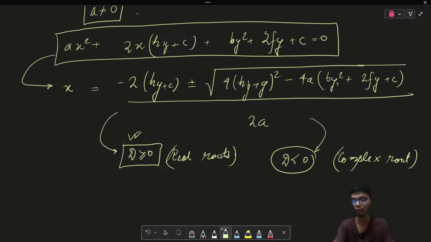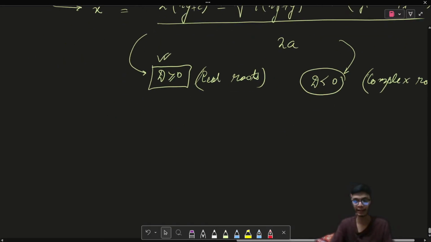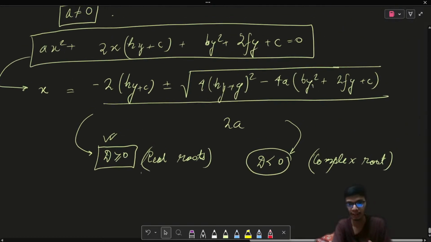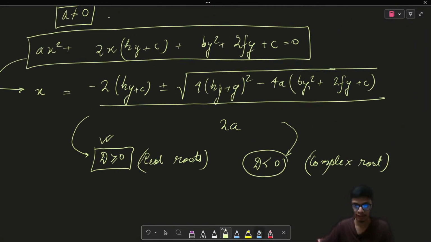So this can occur in two different ways. Either I can have the discriminant equal to 0, therefore the expression under the square root should be a perfect square, right? Please note that if this particular expression is not a perfect square, we cannot take it as two linear factors, right? So in order to resolve this into two linear factors, this expression should be a perfect square, right?